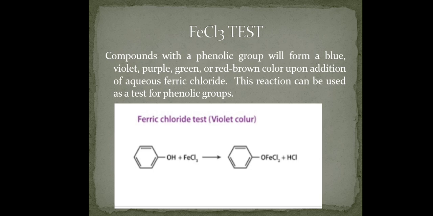Usually it's violet. Now why does it happen? You can see the reaction. Because of the formation of a complex, when phenol reacts with FeCl3 it forms that particular complex. That complex turns the system into violet color.